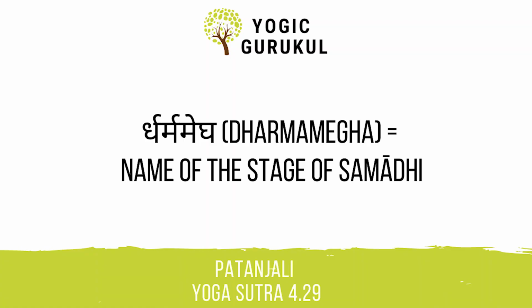And viveka khyati often appears as a compound word that we study and understand. Then coming to the next word, we have Dharmamegha and finally Samadhi. So Dharmamegha is the name of the stage in the Samadhi, and later on we're going to understand what could be a possible meaning of the Dharmamegha and why it's called that.